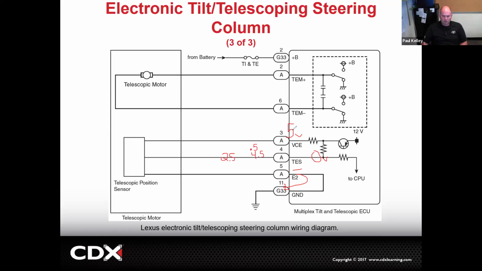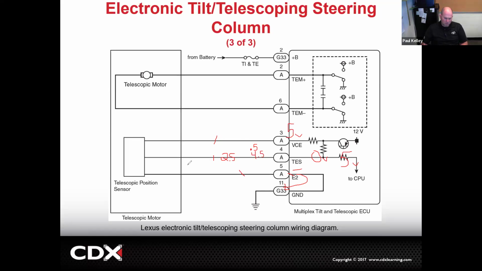Either the ECU is not giving 5, or the 5-volt circuit is open, so it cannot get anything other than 0, or it could even be the signal wire. If this was reading 5 volts all the time, it would probably be because the ECM's not giving ground, or there's an open in the ground circuit. So that's basically how we troubleshoot those.